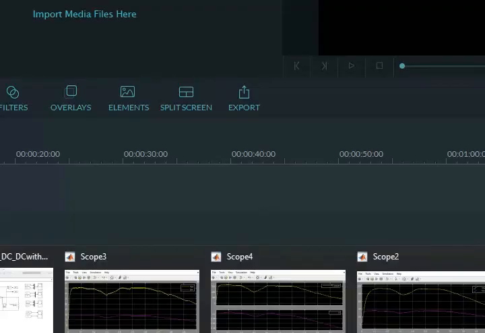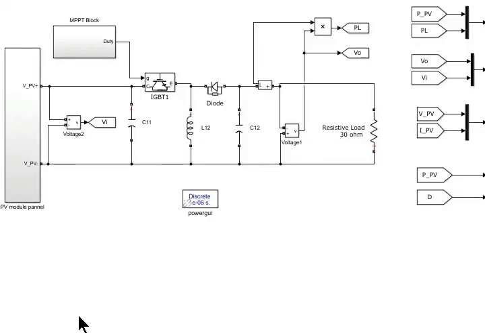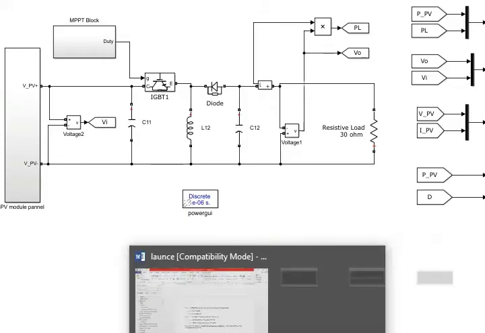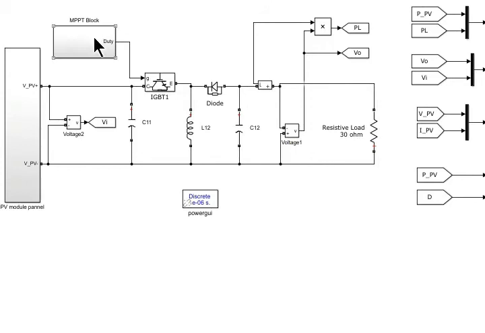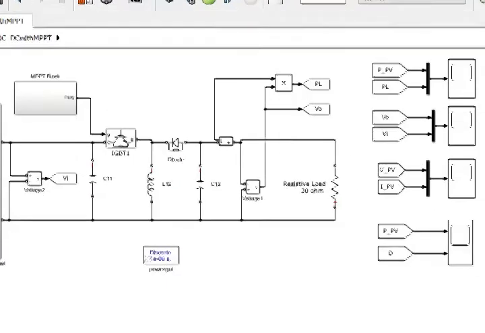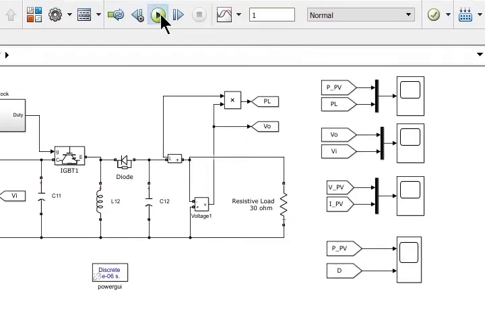The next thing we are focusing on is the design of the MPPT tracker that will provide the duty cycle to this buck boost converter to achieve the maximum power. So before going further, let's run it.